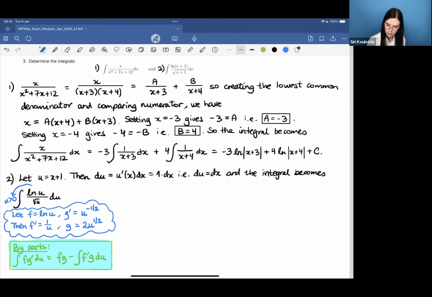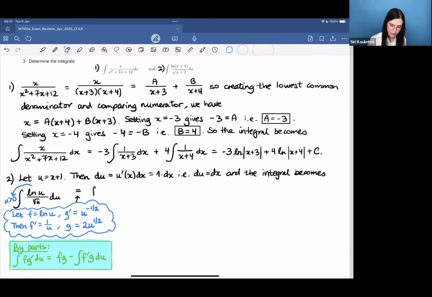And now you'll see in the past papers, probably you're not going to see this expressly written out, but I would highly recommend that you do, unless you feel extremely confident that you can do this all in your head. There's absolutely no reason to not write this down so that it's clear.